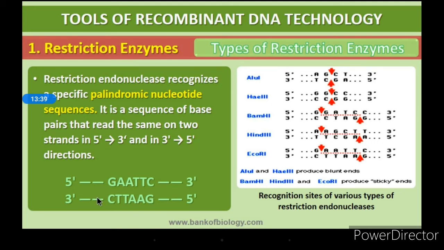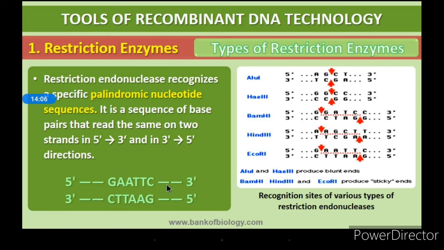As we discussed in E. coli, a palindromic sequence means when we read GAATTC from here, and when we read from the opposite, it is the same. This is the palindromic nucleotide.